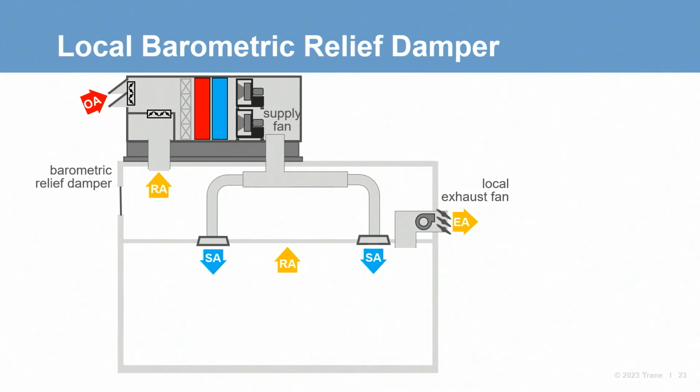Again, the air handler brings in outdoor air for ventilation, and local exhaust fans might remove some of this air to somewhat balance this intake airflow. As the positive pressure inside the building increases, the barometric relief damper is forced open, allowing air to leave the building and preventing the building pressure from becoming overly positive. Now let's watch John and Eric demonstrate this with the building model.